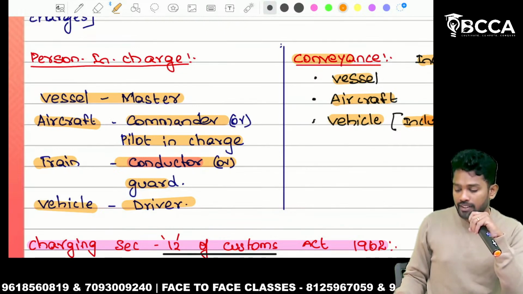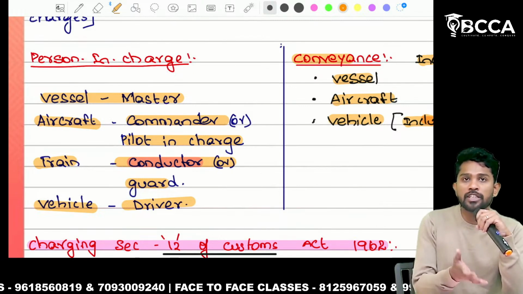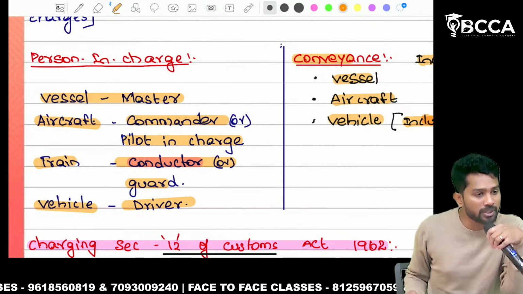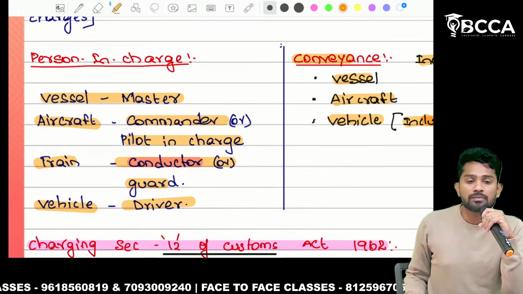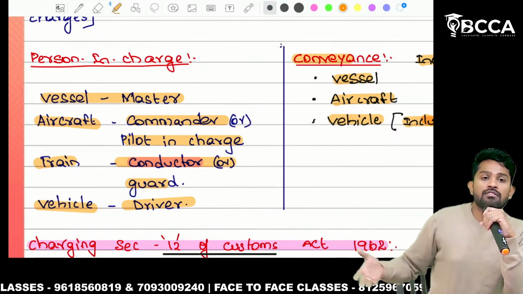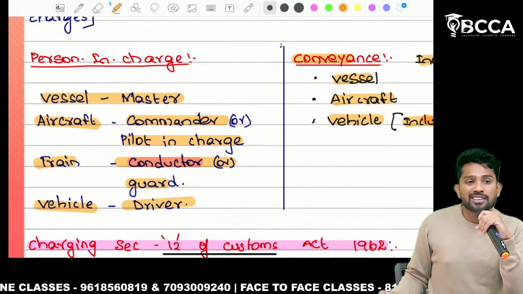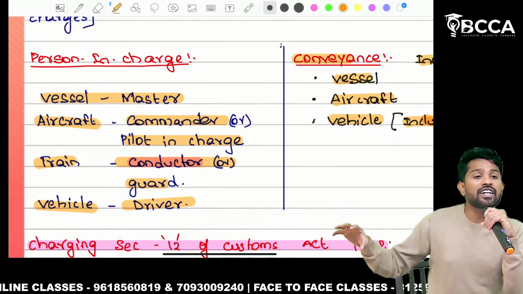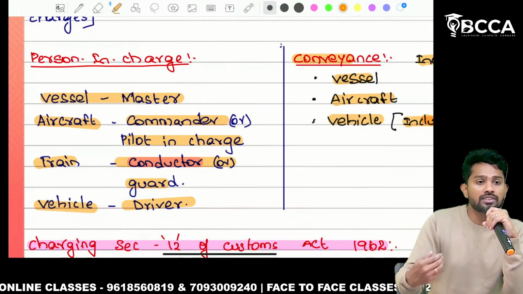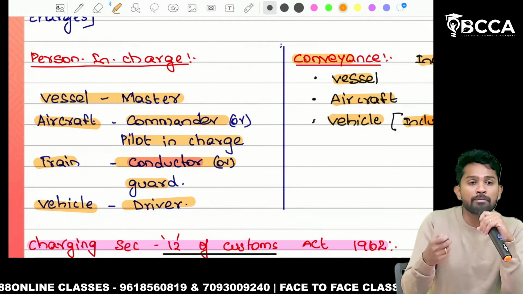Sir, why does a person need to be mentioned as person in charge? Because under customs, for the vessel or aircraft which is coming to India and leaving India, certain formalities, certain filings, certain submissions have to be made.